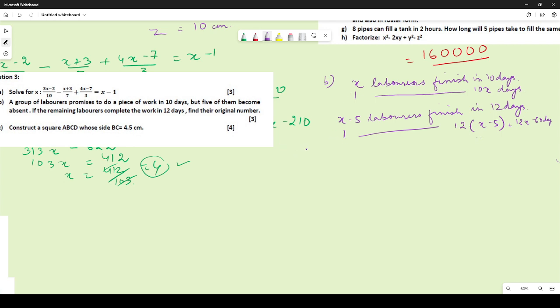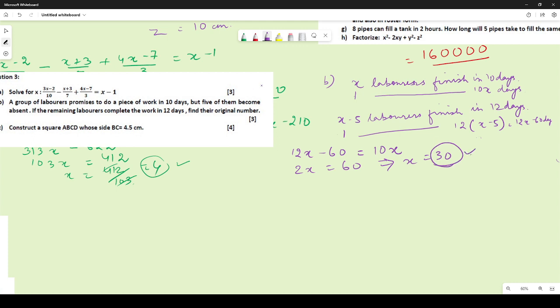This means both of them should be equal. So 12x minus 60 is equal to 10x, right? The time one laborer is taking is the same situation here. So that means 2x is equal to 60 and this implies x will be equal to 30. So initially there were 30 laborers.